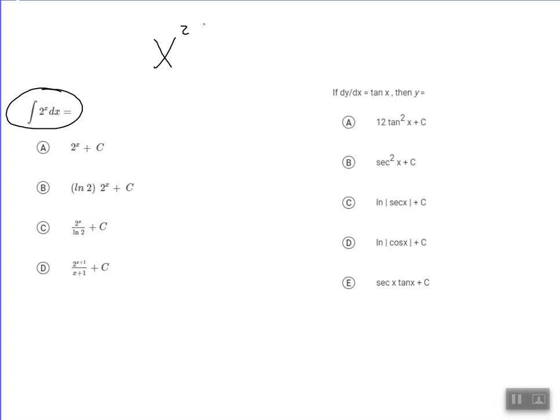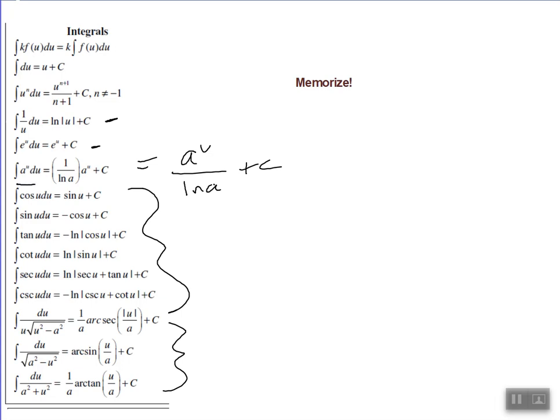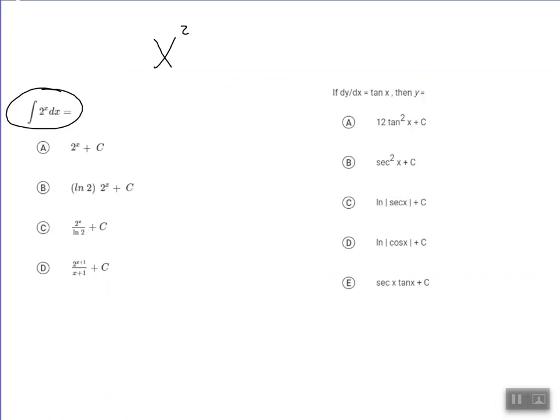If you have a number and then your variable is an exponent, that is actually going to go back to this rule that you need to have memorized. And so if we look through the choices, that would be this. A lot of people will pick D because they're thinking that reverse power rule, or they'll pick A because they're thinking, oh, e to the x is e to the x, so why isn't 2 to the x just 2 to the x? Well, it's not.